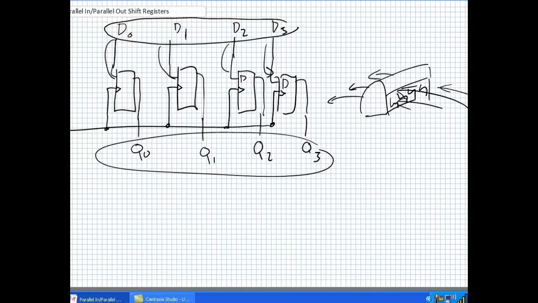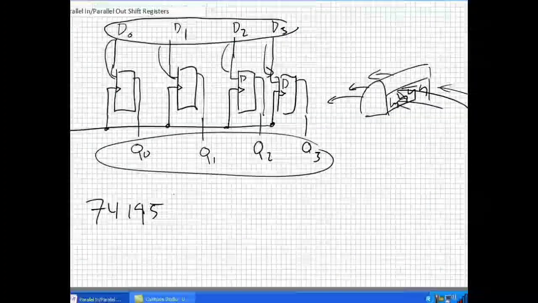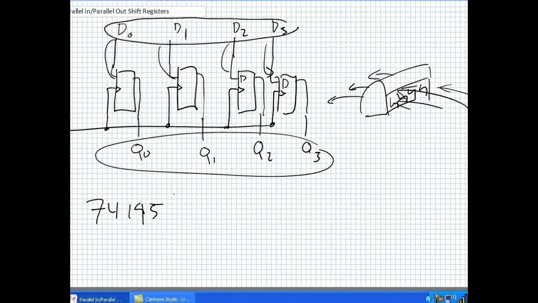Nothing too special about a parallel in, parallel out shift register. What is special is this guy right here, the 74195. This is a 4-bit parallel access shift register, but it's not just limited to parallel in, parallel out action. It is pretty universal in nature in that it has a serial in on it, just like we discussed with the 74165.